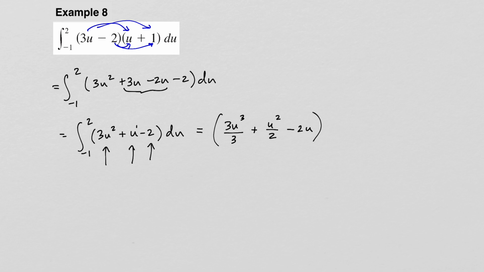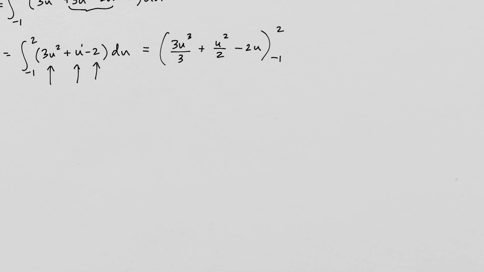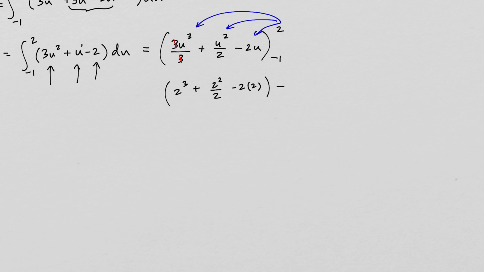And then we need to evaluate this from negative 1 to 2. Now, a little bit of simplifying that we can do here is these 3's are going to cancel out. But let's go ahead and plug the 2 into everything. That is going to give us 2 cubed plus 2 squared divided by 2 minus 2 times 2. And then we have negative 1 cubed plus negative 1 squared divided by 2 minus 2 times negative 1.